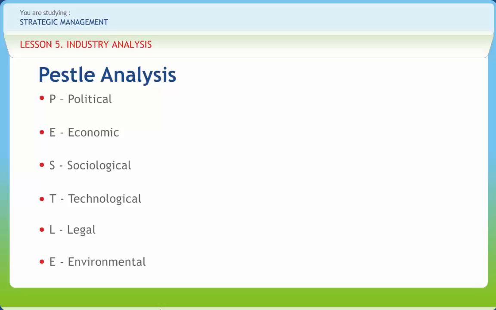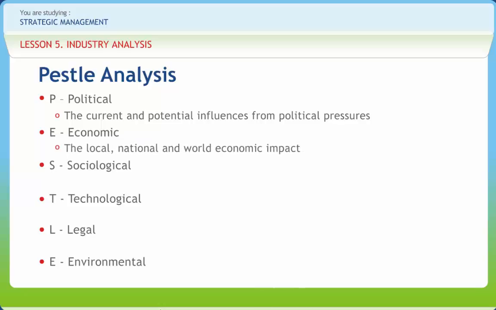In political analysis, we analyze the current and potential influences from political pressures. In economic, we analyze the local, national, and world economic impact. In sociological analysis, we analyze the ways in which changes in society affect the project.